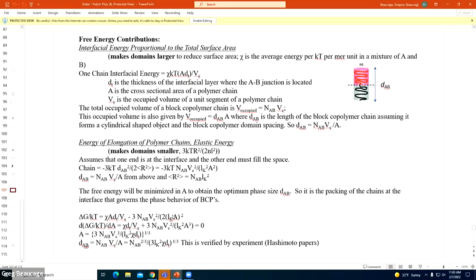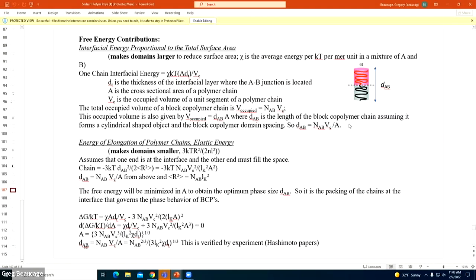Here you take this G and minimize it with respect to the area. Area and this length are the same thing, there's just one number, because the molecular weight and the volume per unit are constant. So the length and that cross-sectional area are related to each other. You take the derivative, set it to 0, find the minima, and solve for the area.